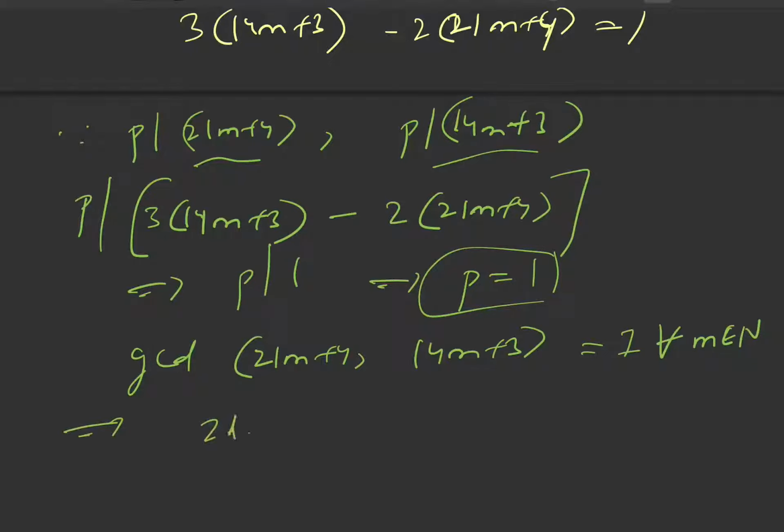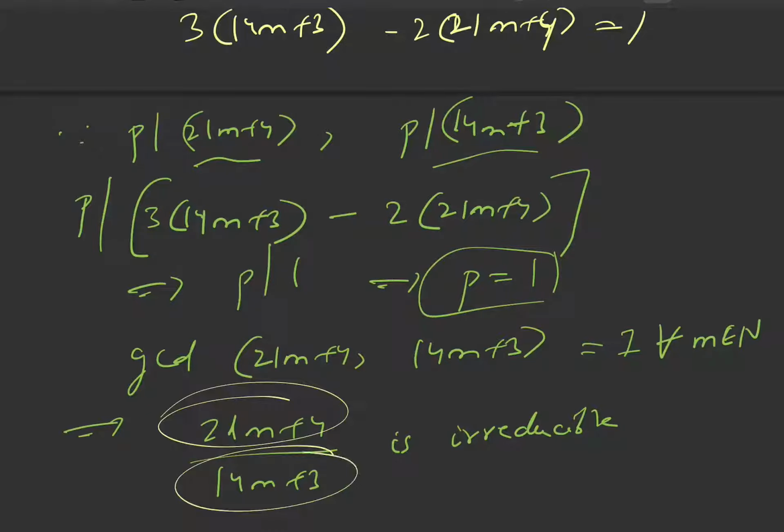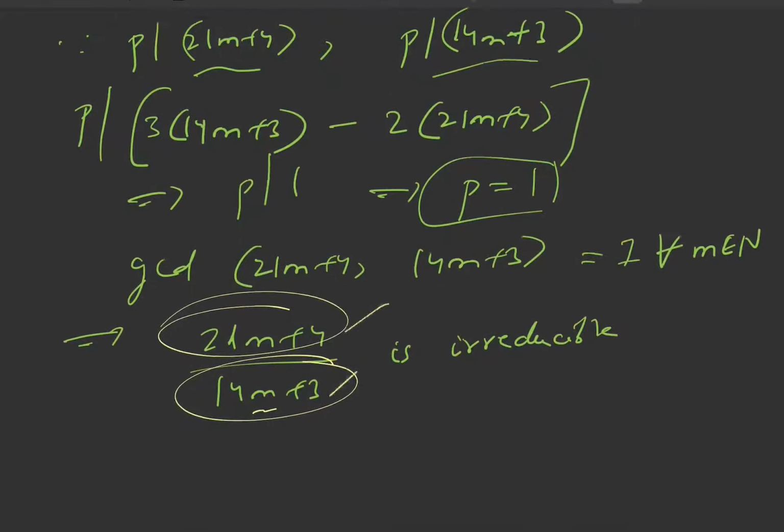Then this simply means that (21m + 4)/(14m + 3) is irreducible, isn't it? Because the GCD is 1. If the GCD is 1 for every natural number m, that is what we have proven. So you can't cancel anything here. There is nothing common here, so what will you cancel? So it is irreducible, right?